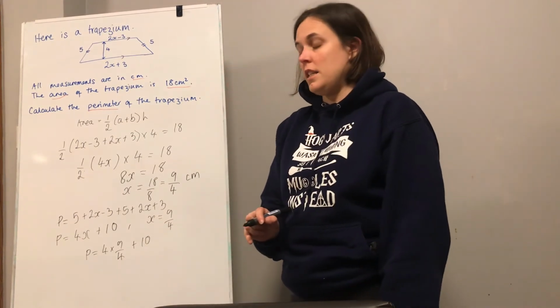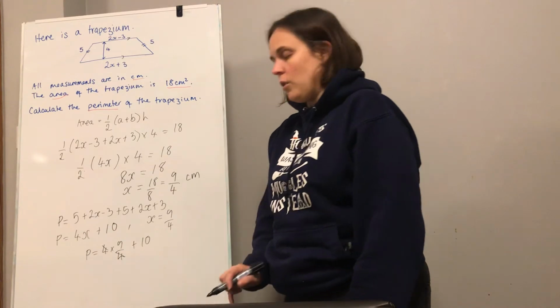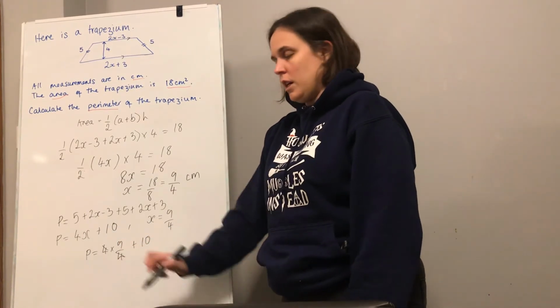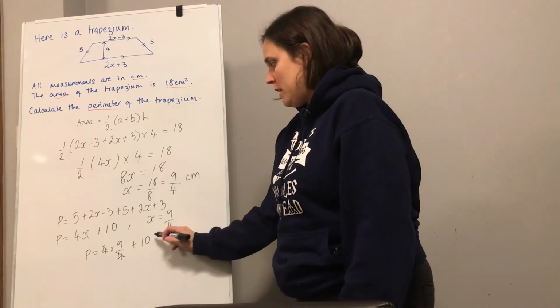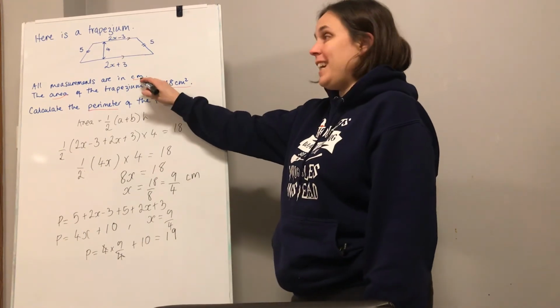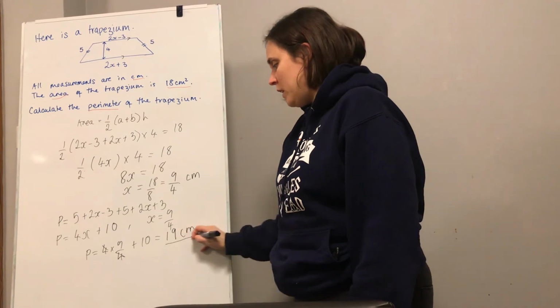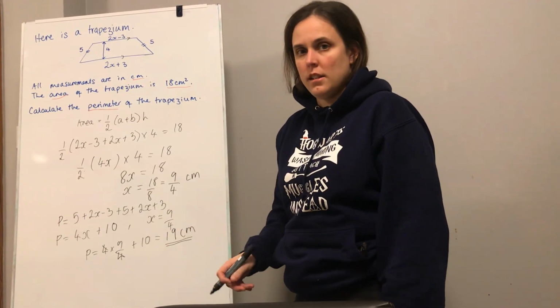Now I said to you it was easier to leave it as a fraction. 4 lots of 9 over 4 is just quite simply 9, because if I do 9 divided by 4 and then times by 4, I'll just get back to 9, plus 10. So my answer is 19. And don't forget what I told you at the beginning about your units. Make sure you quote back the units at the end. And so the answer is 19 centimetres.